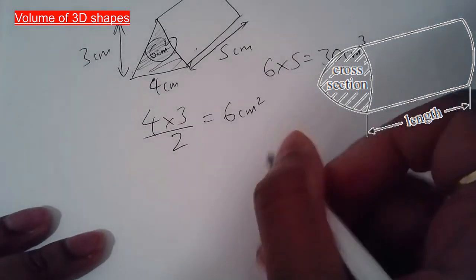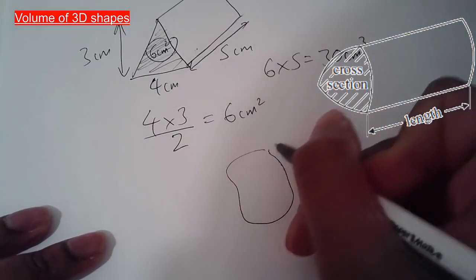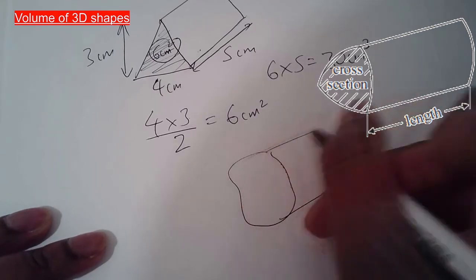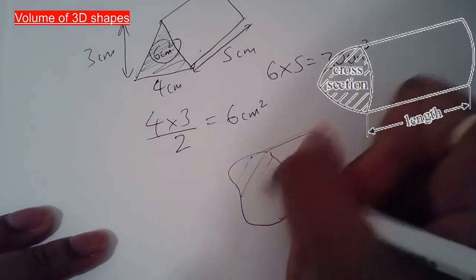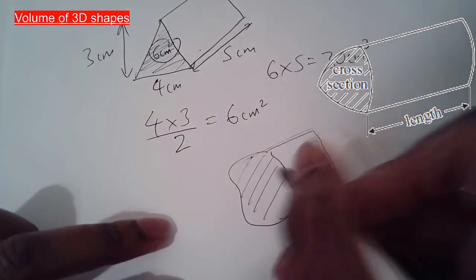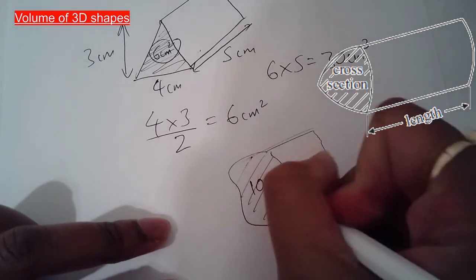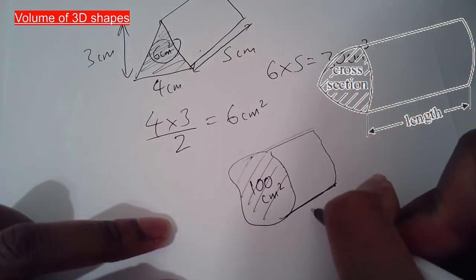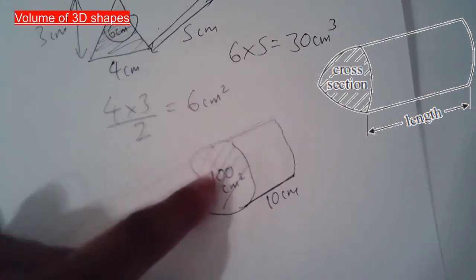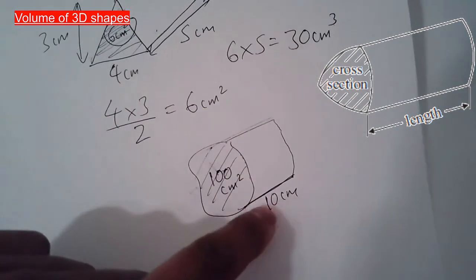In fact, any type of prism, like this one for example, like this is a loaf of bread. Just pretend this is a loaf of bread. It's a cross-sectional area multiplied by the length of the prism. So if the cross-sectional area happens to be 100 centimeters squared and the length happens to be 10 centimeters, cross-sectional area 100 times the length 10.